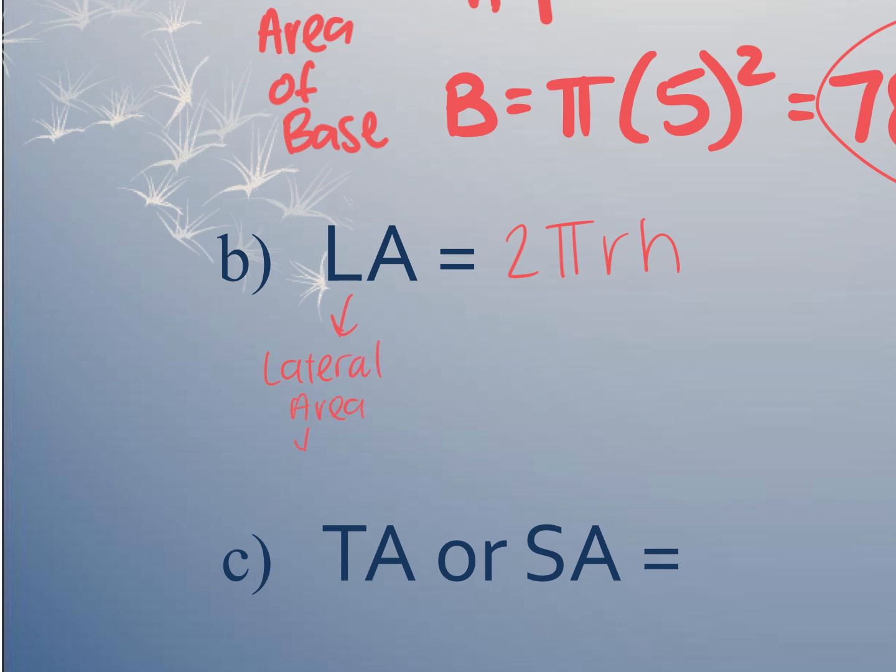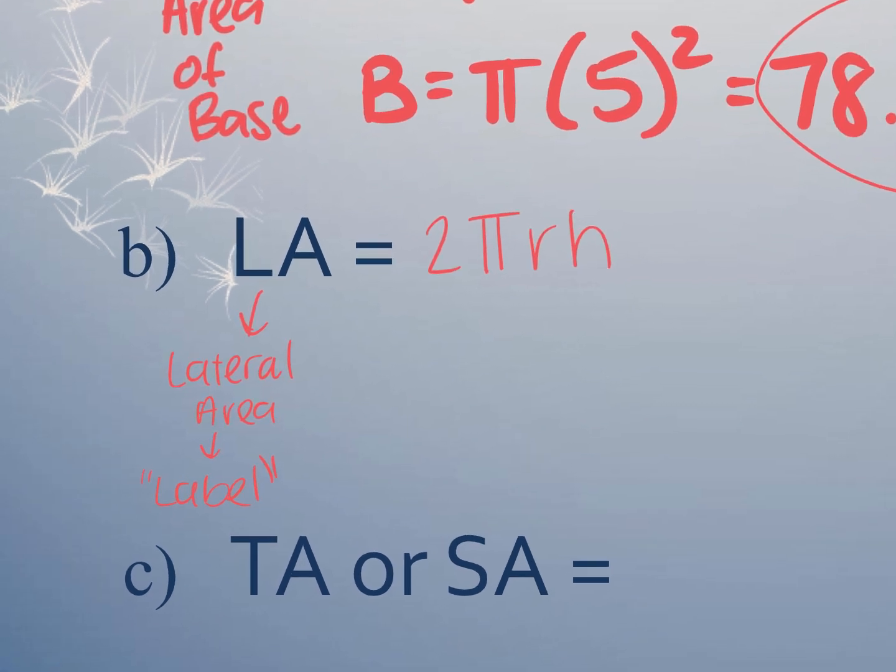If you want to write this down, put it in quotations, it's your label. It's the distance around your cylinder that doesn't include the top and the bottom, and it's an area. It's how big that label would need to be to cover the entire cylinder minus the top and the bottom. So, do we know the radius? It was 5. Do we know the height? It's 7.